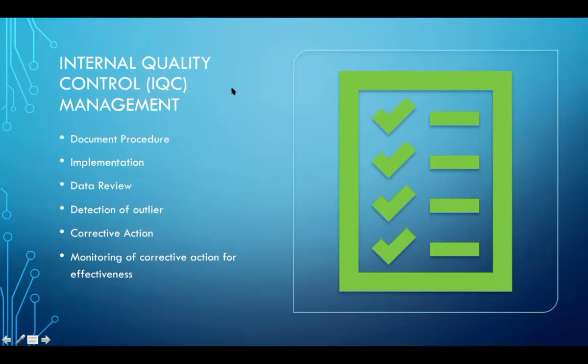Then, whatever data you are generating, carefully evaluate your data daily. Whenever you find something which is not acceptable, do the root cause analysis and take appropriate action. Document your action also, and monitor your action for its effectiveness. Then it should not occur again.